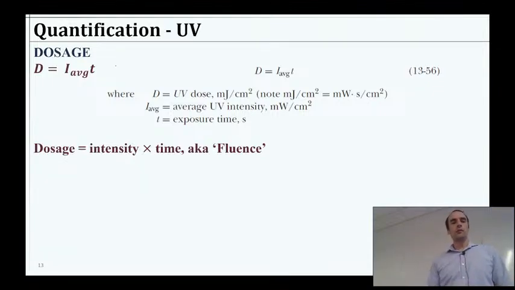And you'll notice this dosage then would be some energy of light per area. Now, joules is actually watts times time. So that's the power times time, giving you the total energy that has been received.